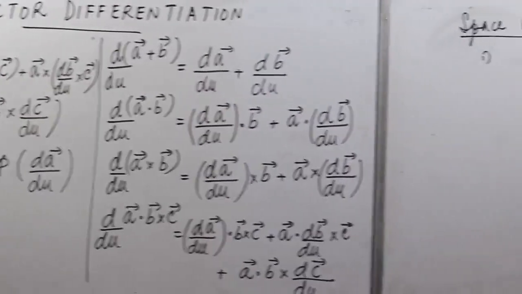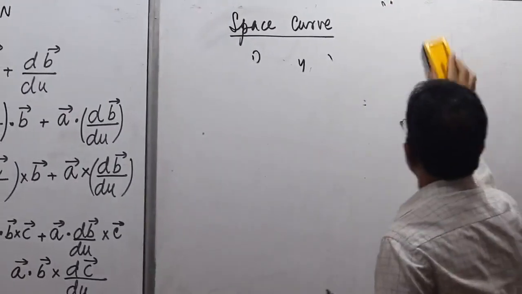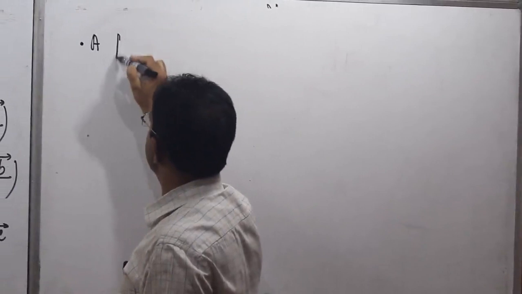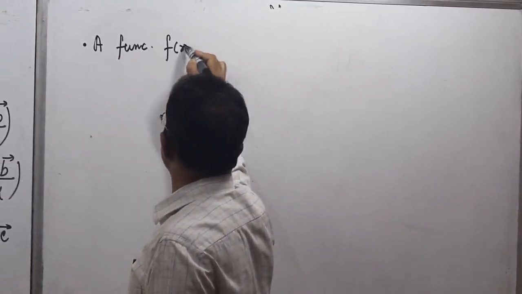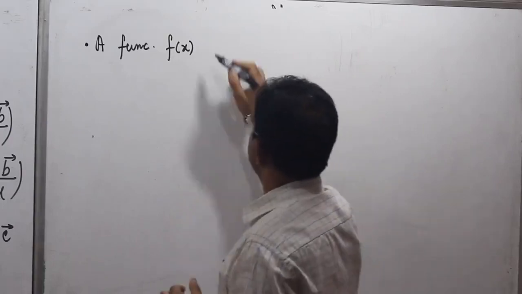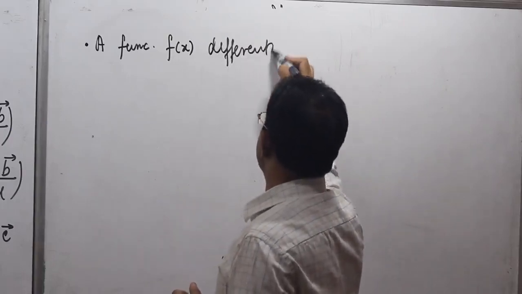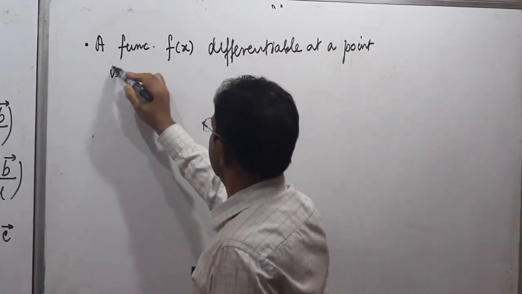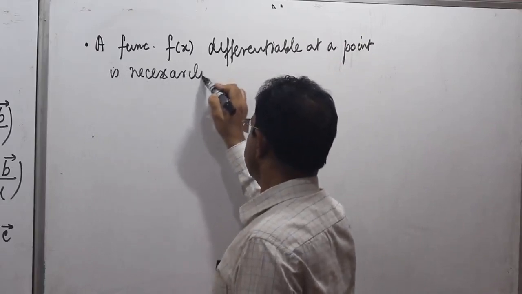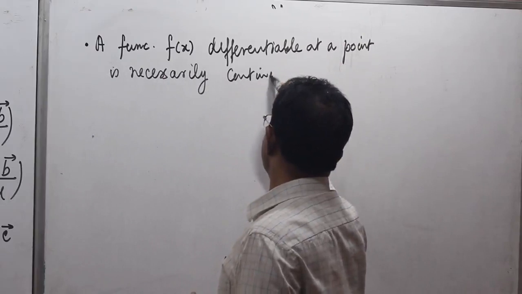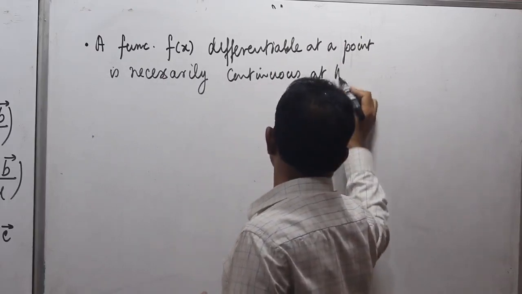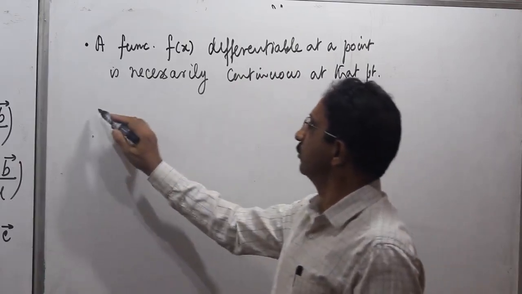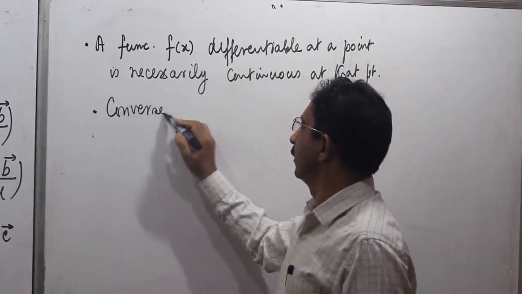You understand that if a function f of x is differentiable at a point, it is necessarily continuous at that point. But the converse of this is not true.